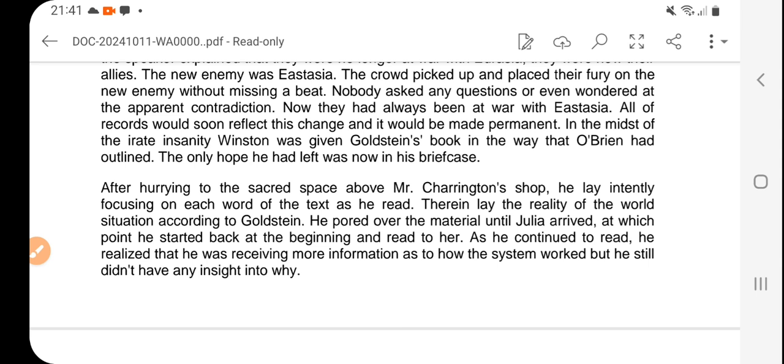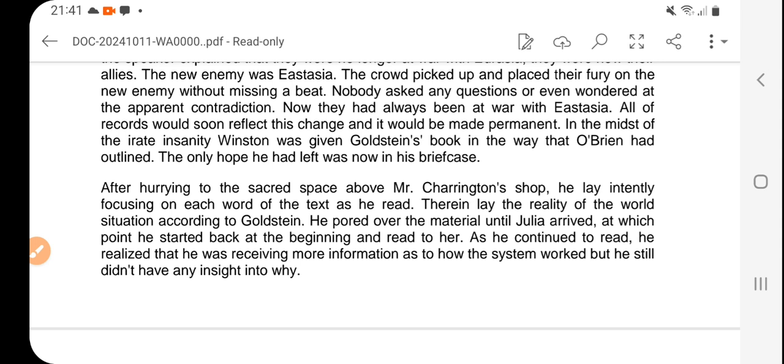The crowd picked up and placed their fury on the new enemy without missing a beat. Nobody asked any question or even wondered at the apparent contradiction. Now they had always been at war with East Asia. All of the records would soon reflect this change, and it would be made permanent.